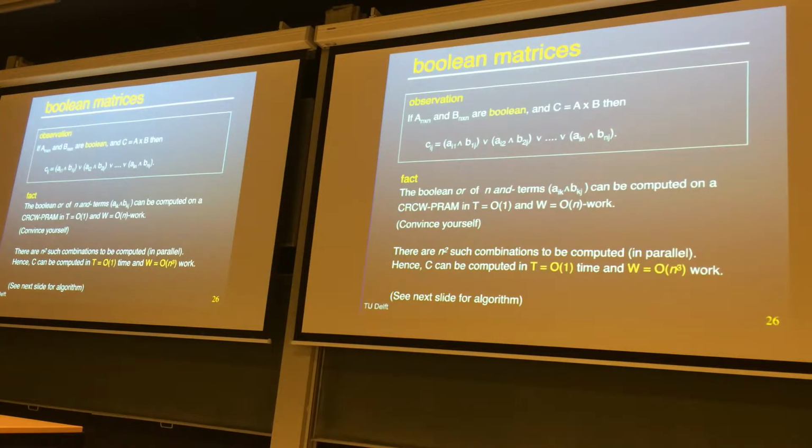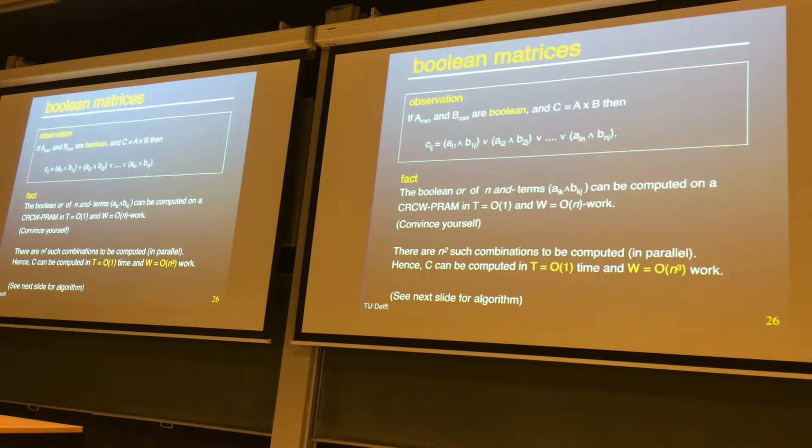But we can do that concurrently. So indeed, if we go from arbitrary matrices to Boolean matrices, then we can find the resulting matrix as the multiplication of two Boolean matrices in constant time with an O(n^3) amount of work.